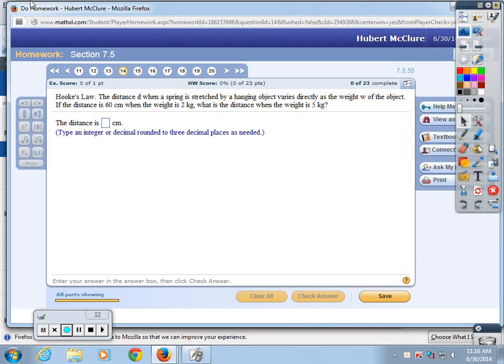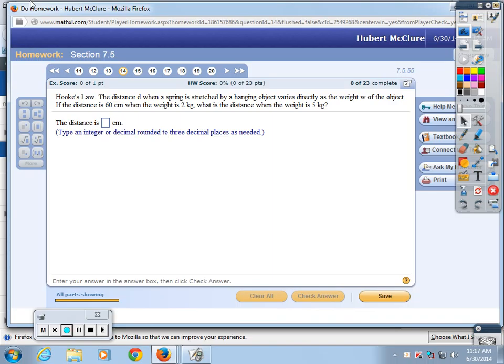You know it says directly. Does it say directly? Yes. So which one are you going to use? Y is equal to K times X. But they don't want K times X. They got something else up there. What do they have? D, and which variable does not change? You do it respectively.